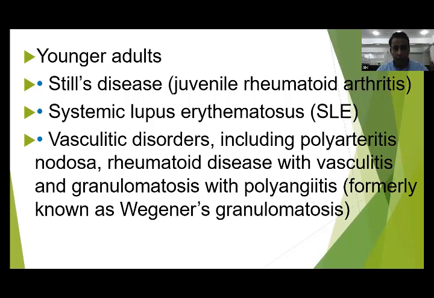Vasculitic disorders, yes. In vasculitis, always take three points in history. First, ask for joint pain, second, ask for any rash over the body, and third, ask for bleeding from any site of the body. These are three typical critical points which you always have to ask the patient.